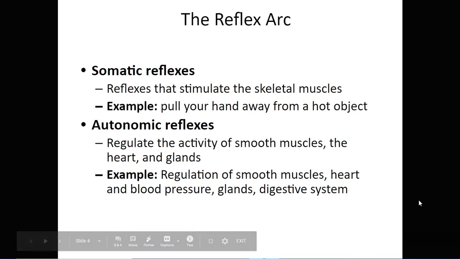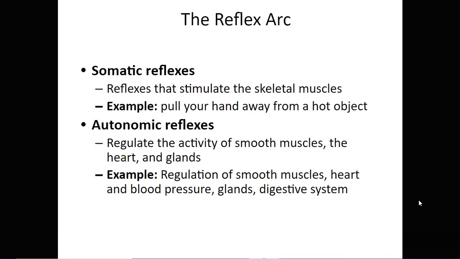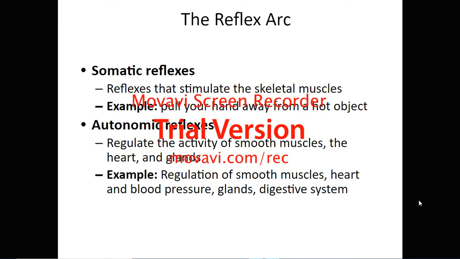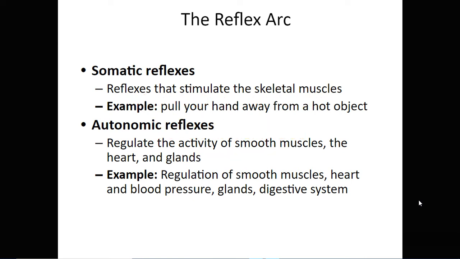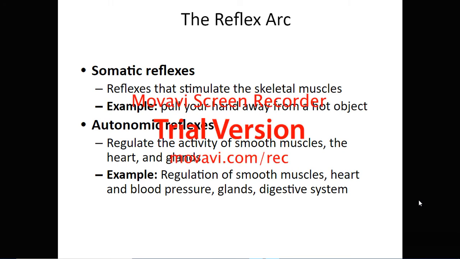As I previously stated, you can have somatic reflexes and autonomic reflexes. Somatic reflexes are going to stimulate skeletal muscles. For instance, you touch something hot, and your hand automatically jerks away from the hot object. Autonomic reflexes are going to involve smooth muscle, the heart and glands, and essentially autonomic reflexes you don't regulate.